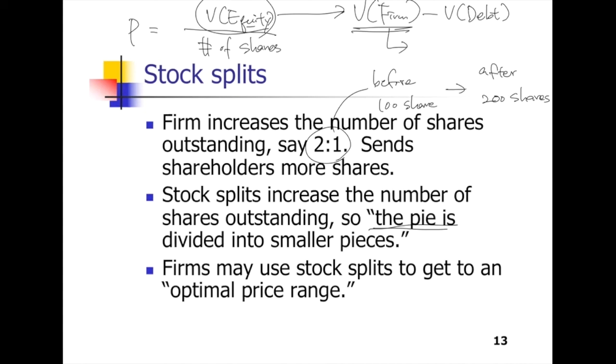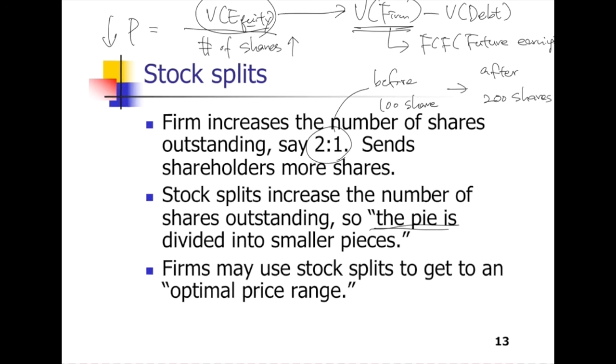The free cash flow means future earnings, right? So in this case, the future earnings do not change. So the pie is divided into just smaller pieces. The firm value does not change. But the number of shares increased 2 times, right? So what happened to the stock price? Yeah, the stock price is cut in half, right?